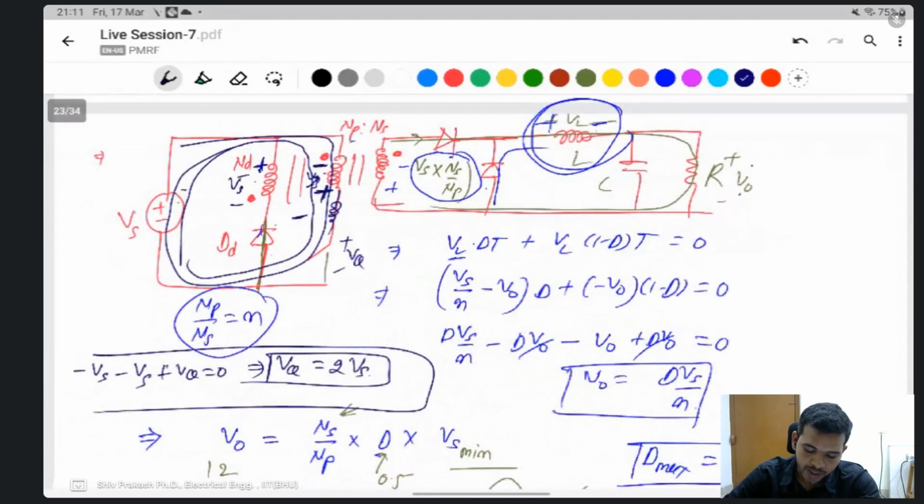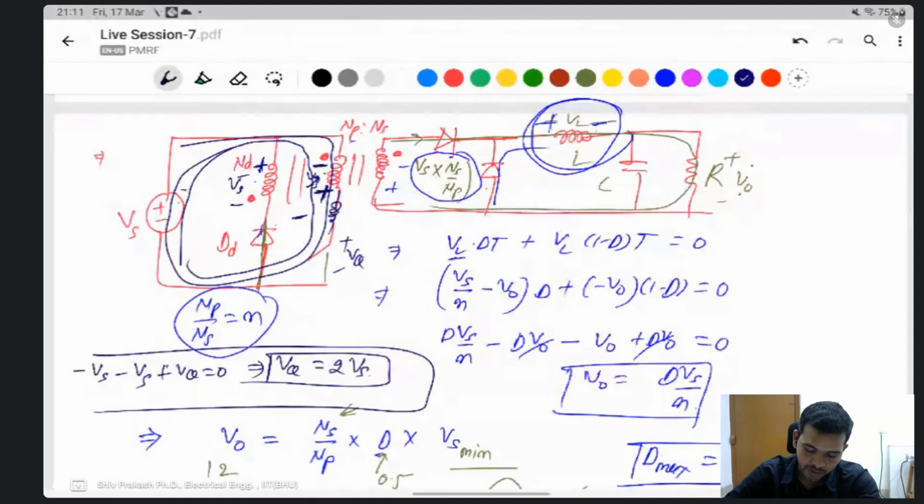I have taken the leakage inductance as an equivalent leakage inductance, primary and secondary both. The secondary side has very few turns, so the leakage inductance is also very less.